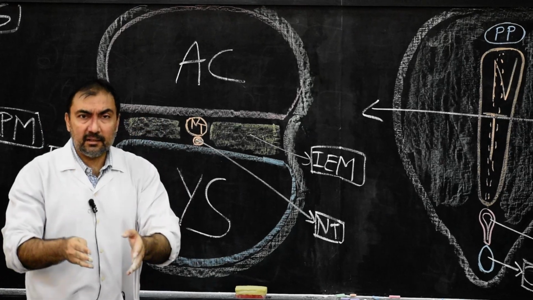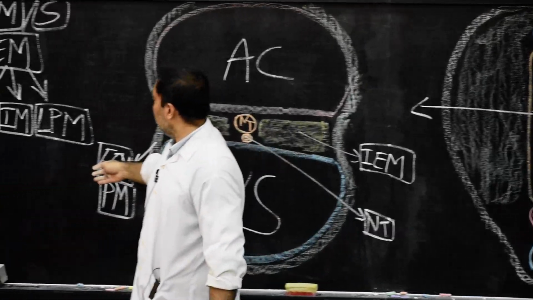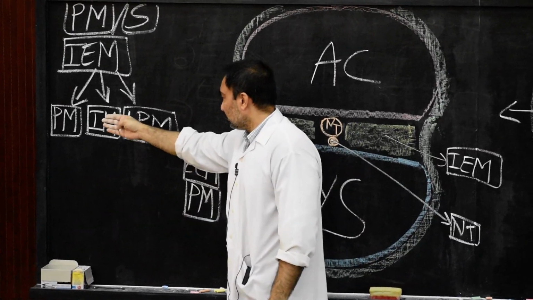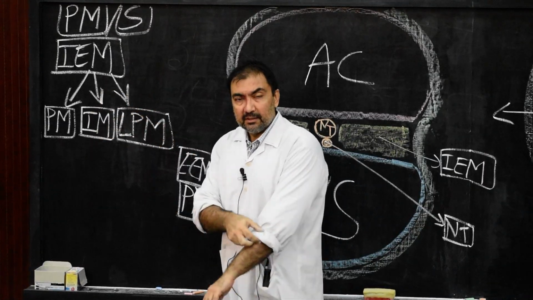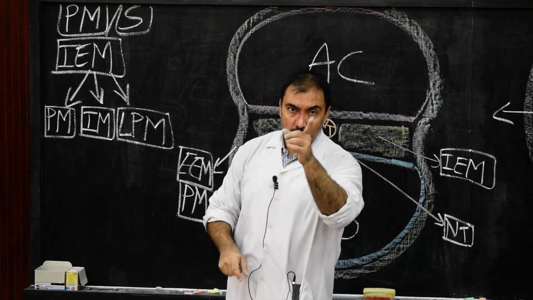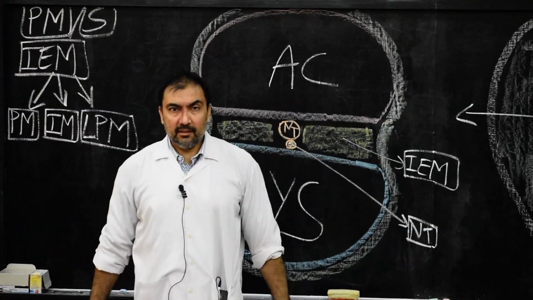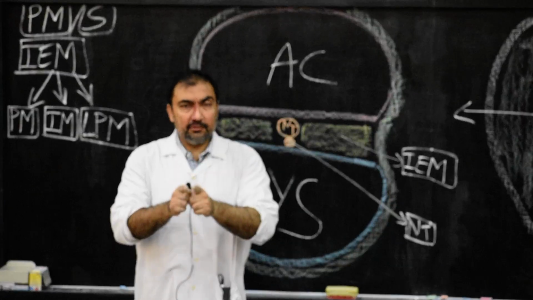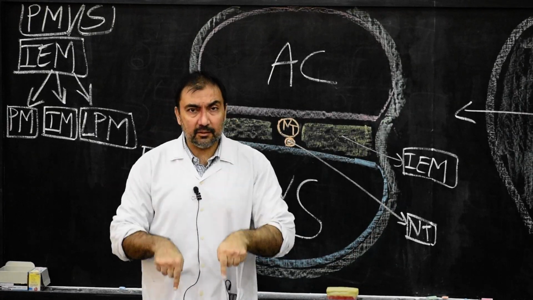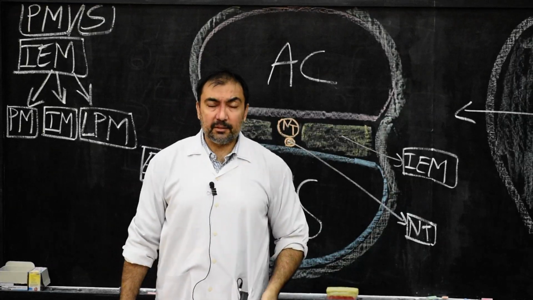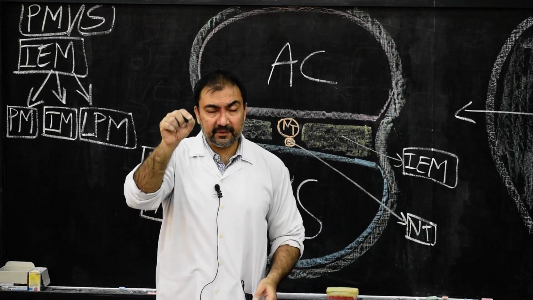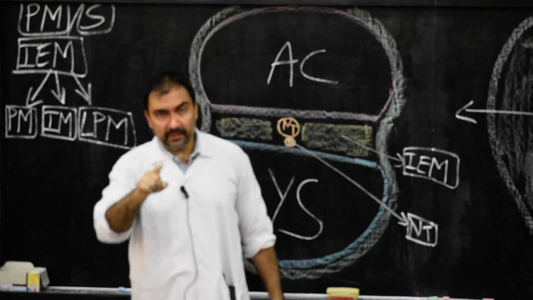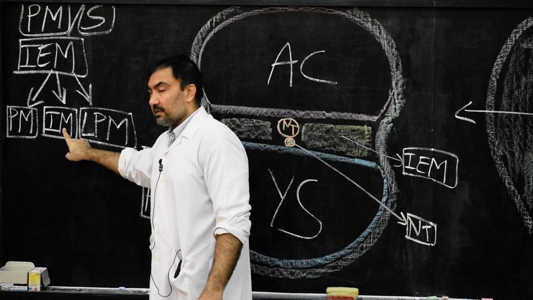Now, since we have understood this, we'll go on to these two diagrams. The entire intraembryonic mesoderm has been divided into three different parts, which we know as paraxial mesoderm, intermediate mesoderm and lateral plate mesoderm, by the presence of a longitudinal groove. This longitudinal groove will be in the middle of the intraembryonic mesoderm, and the mesoderm which is present in the longitudinal groove will develop into intermediate mesoderm.